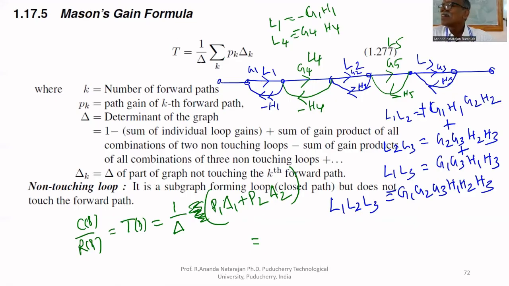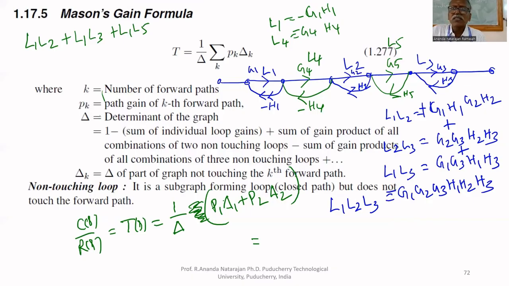How many two non-touching loops are there? In this case, let us check. L1, L2, plus gain products of L1, L3. Am I correct? Plus L1, L5, that is also not touching.